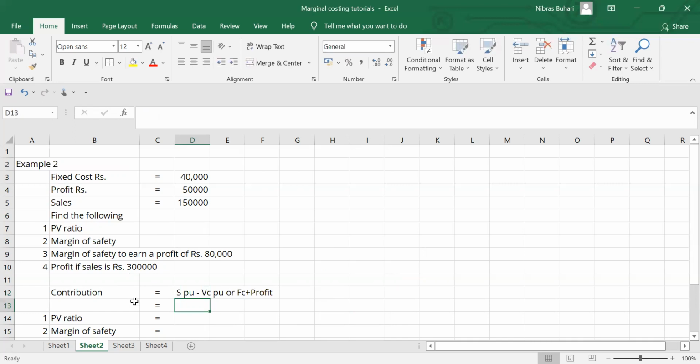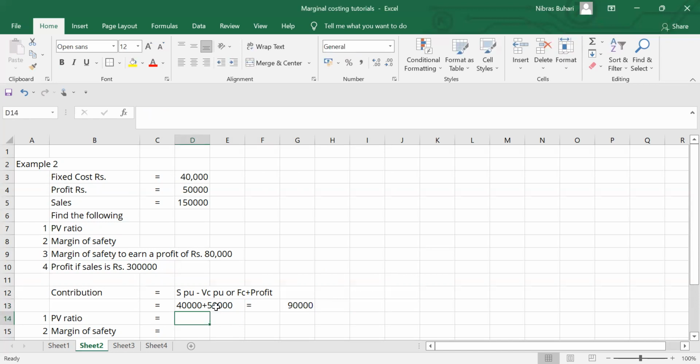Contribution is sales minus variable cost, or fixed cost plus profit. So I use the second one, which is 40,000 plus 50,000, which makes it 90,000 contribution. Now you have the PV ratio.